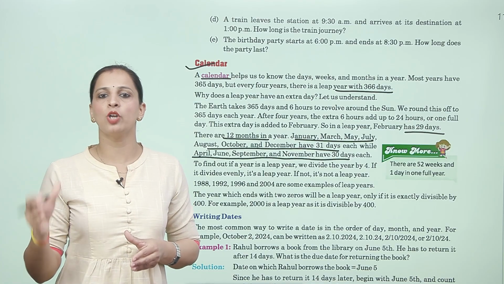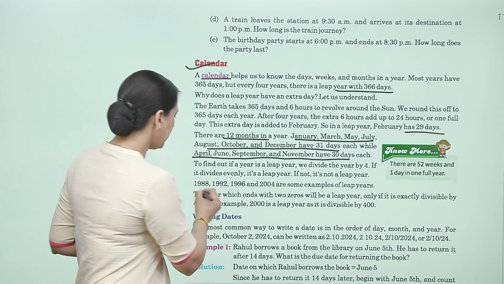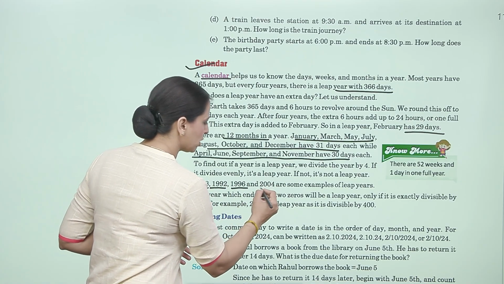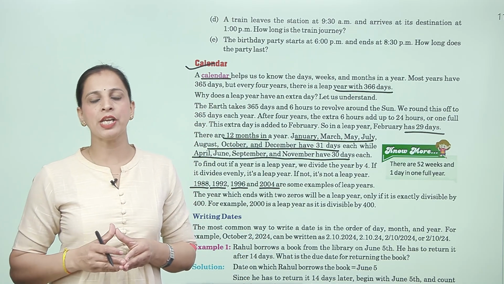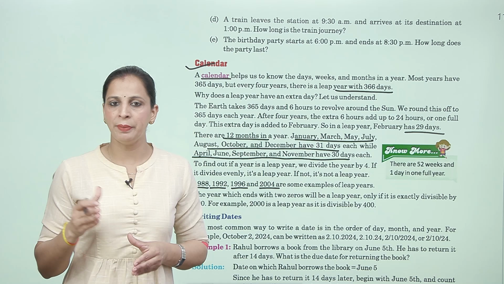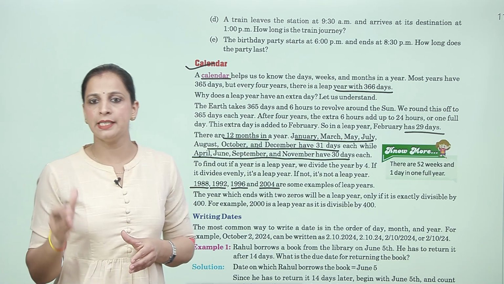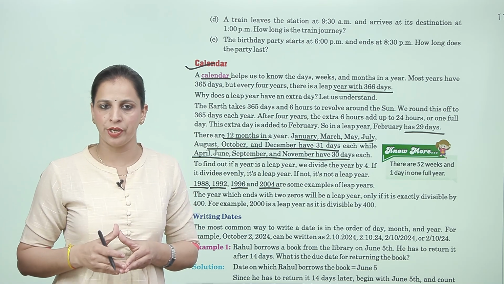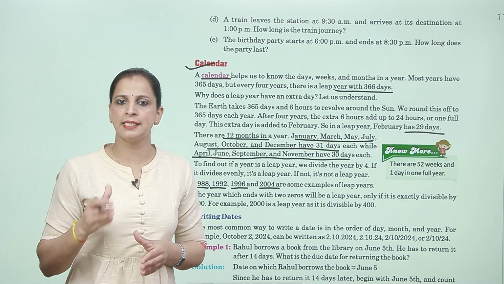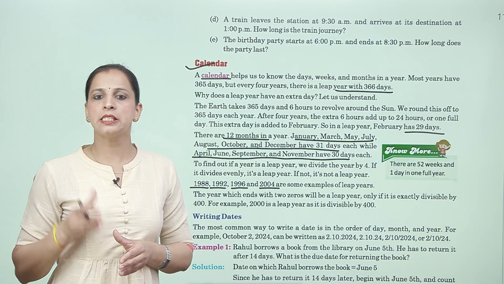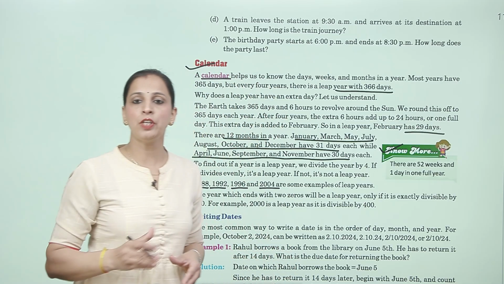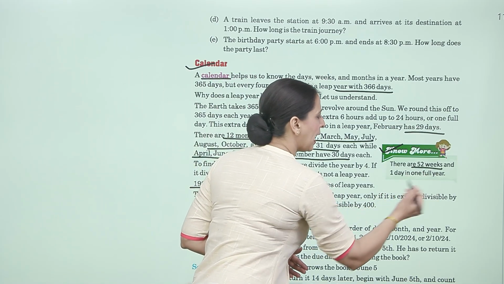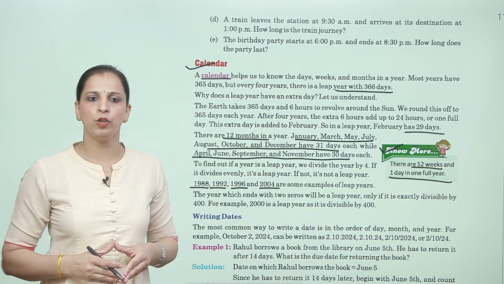If not, it's not a leap year. 1988, 1992, 96, 2004 are some examples of leap years. The year which ends with 2 zeros will be a leap year only if it is exactly divisible by 400. For example, 2000 is a leap year as it is divisible by 400. Now, note that there are 52 weeks and 1 day in one full year.